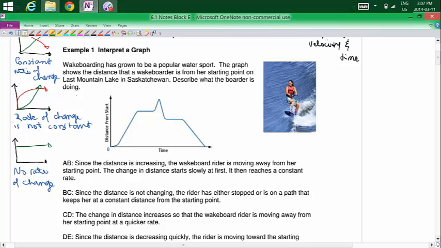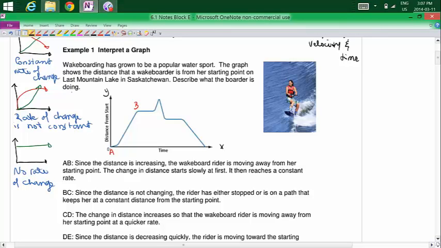Okay, so AB, we're going to start right here at the 0, and we're going to end at B here. And if we take a look at this point, so distance is increasing, right? We're going up on distance, notice that. Okay, and by the way, just to review with you, the y-axis is your vertical axis and your x-axis is your horizontal.